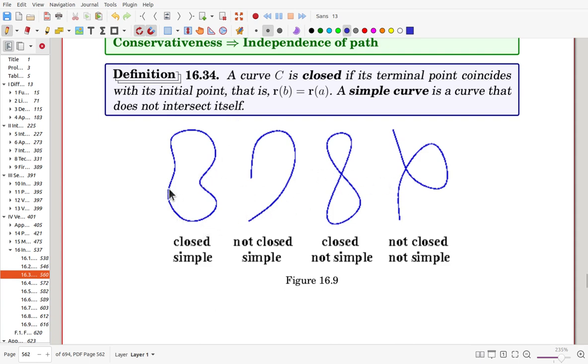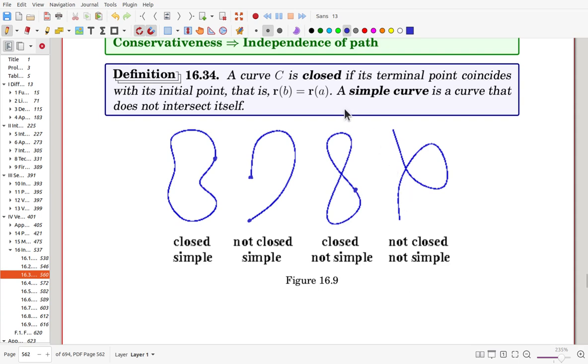If we consider this curve and choose any initial point, the curve ends at the same point, so it is closed. But for that one, there's an initial point and a terminal point that are not the same, so it's not closed. And also for that one, if we start with any point, the curve ends at the same point, so it is closed. But for that one, it's quite clearly not closed.